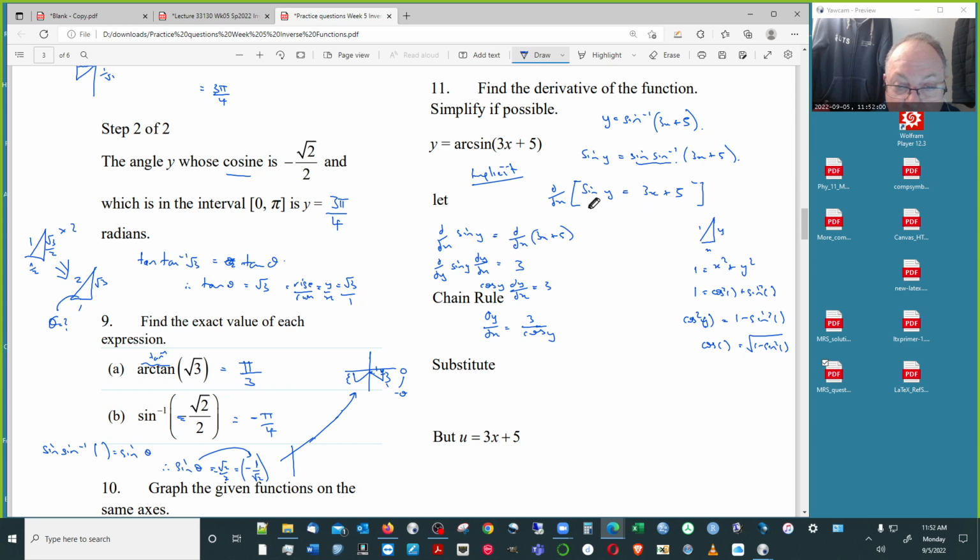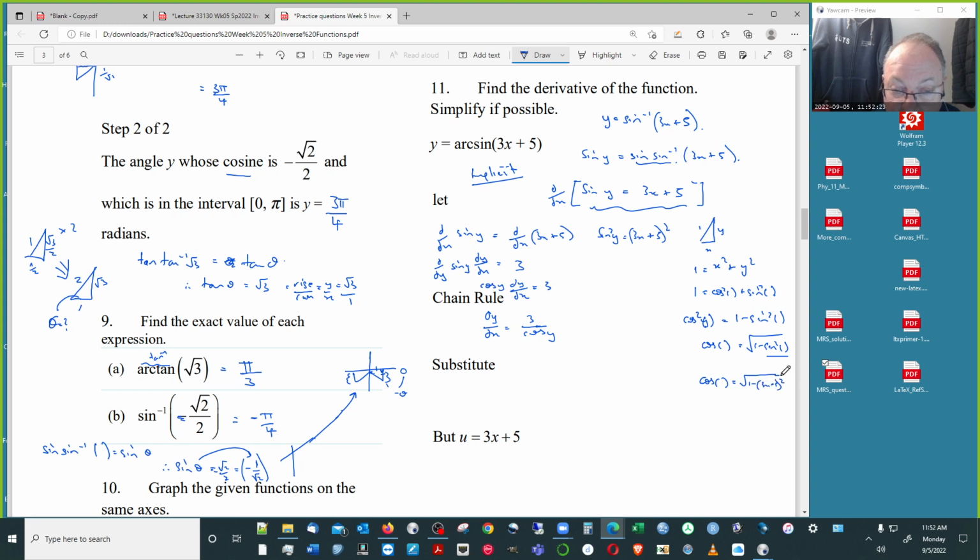Now up here we can say that sine y is equal to 3x plus 5, so sine squared y is (3x plus 5) all squared. So that's a substitute for that. So cos y is equal to the square root of 1 minus (3x plus 5) squared.